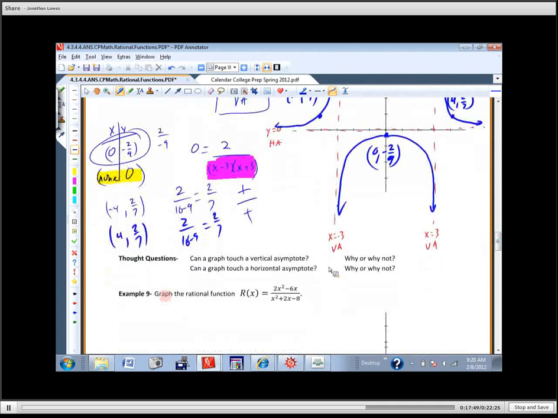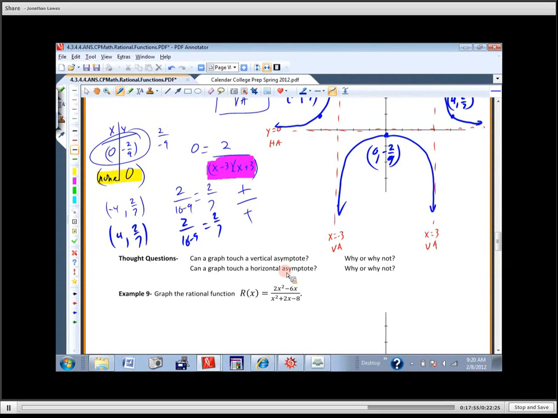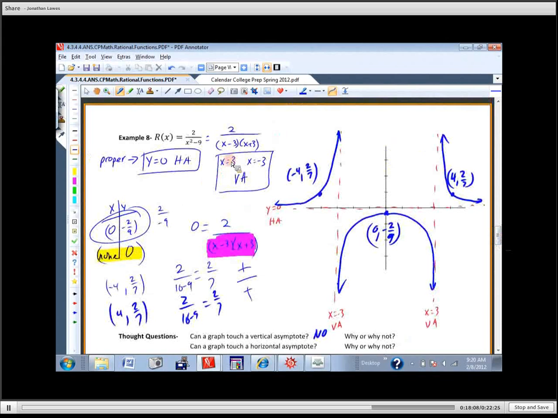So, a couple of thought questions here. Can a graph touch a vertical asymptote? Answer there is no, absolutely not. Why not? Because it's the asymptote. Why is that a vertical asymptote? Because 0 can never equal a number above 0.